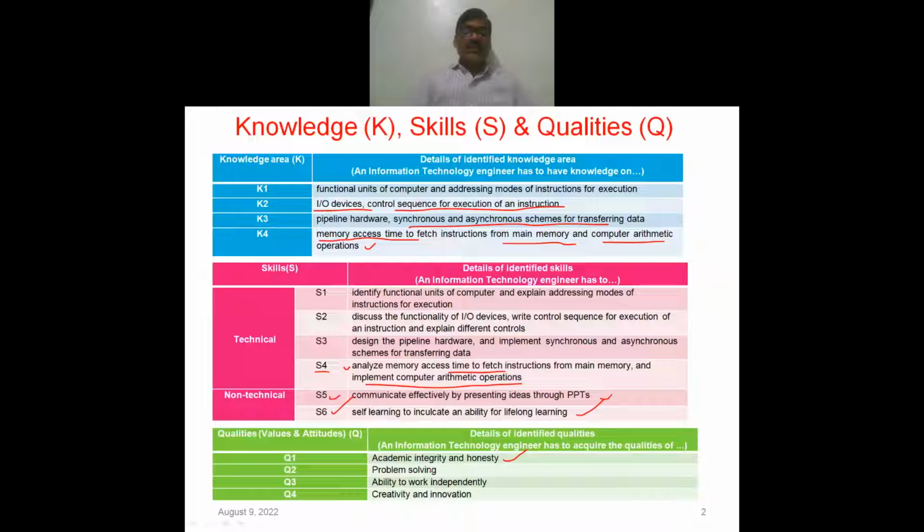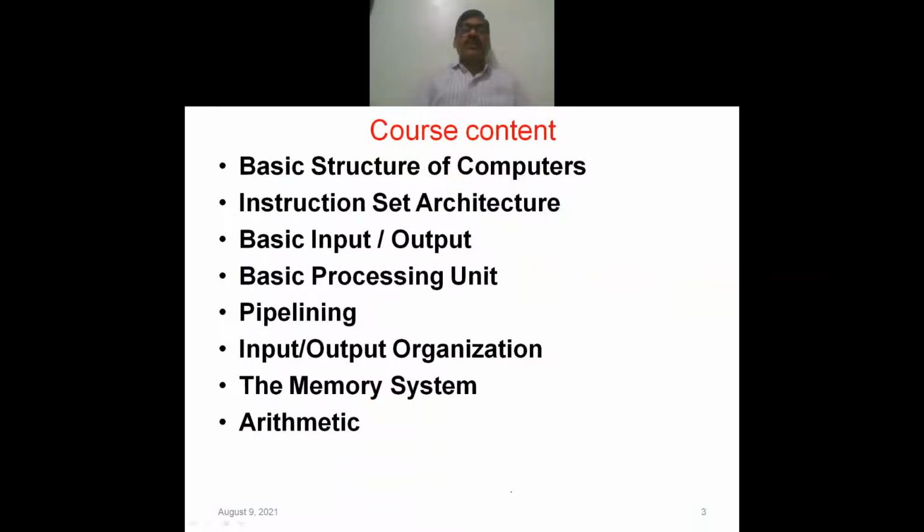Other qualities you can acquire are problem solving capability, ability to work independently, and creativity and innovation. These are the four important qualities you can acquire after completion of this course.